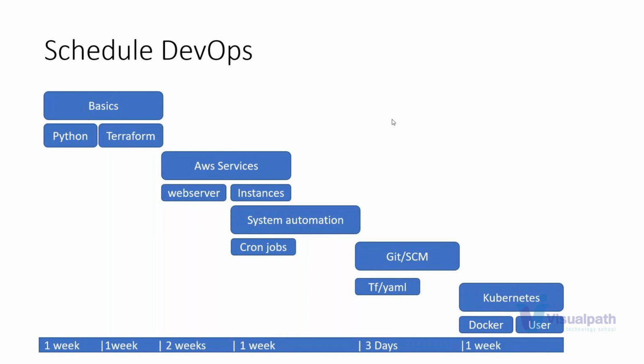So I have gone with one simple example, but for every service there are two things. One is provisioning that service, another is doing actions on that service, okay. So both we will study. And when coming to AWS services, there are n number of services, okay.